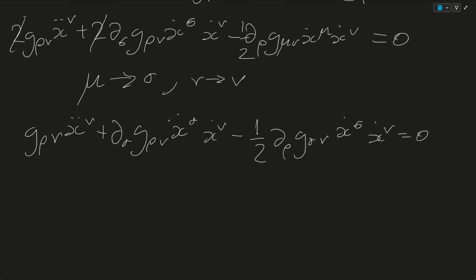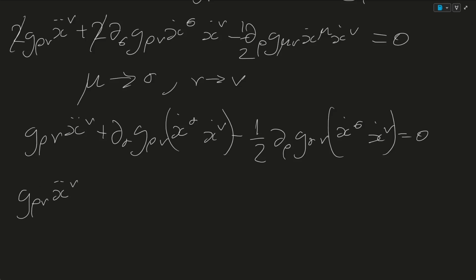Oh, and now we can factorize out. Yeah, we can factorize stuff out. Yeah, because we have that in both of them. So I'll pop that in brackets just to make it very clear. And so g rho nu x double dot to the nu.